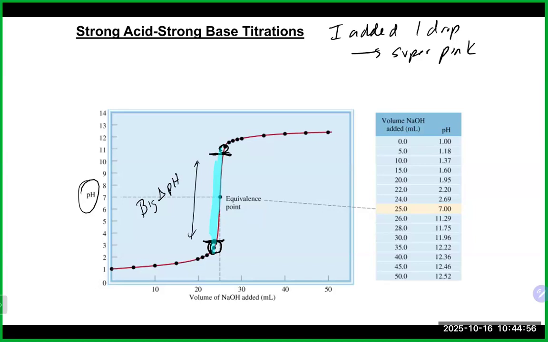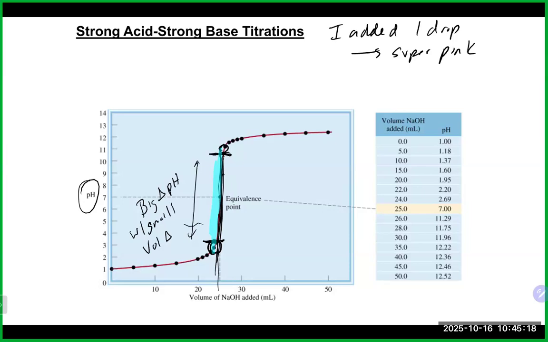But does that require a lot of volume to do that? It doesn't, because if you draw pretty much a straight line down anywhere on that line that I highlighted, it's pretty much the same volume, right? So we're getting a big pH change with a very small volume change.